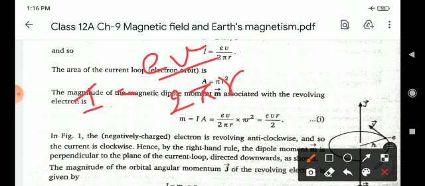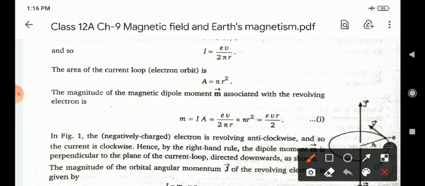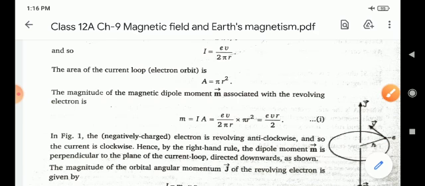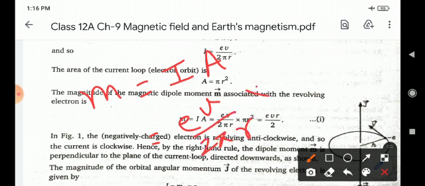If A is the area, equal to pi r square, the area of the current loop, the electron orbit, is A equal to pi r square. Then find out the value of small m with the help of I and A. Children, m equal to IA, where the value of I is ev upon 2 pi r and the area is pi r square.